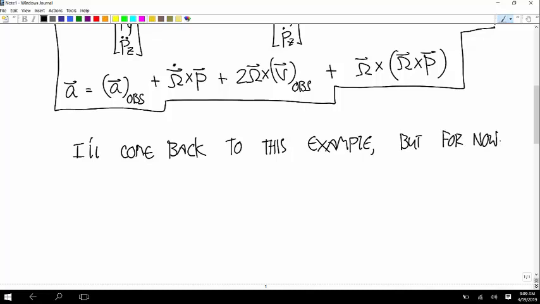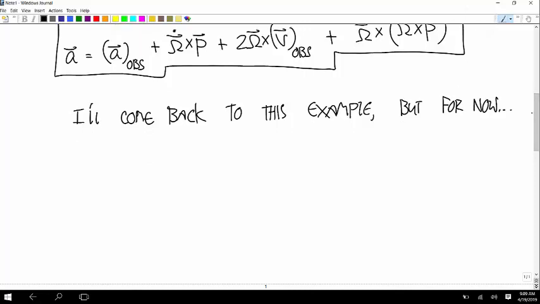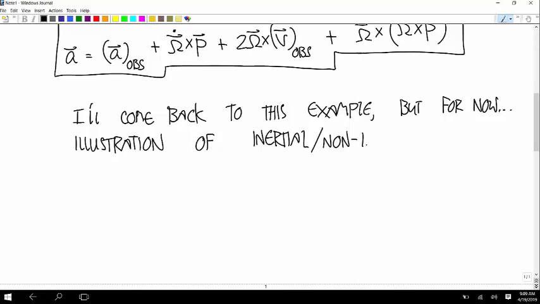But for now, this is like an illustration of inertial and non-inertial coordinate system things you have to watch out for.